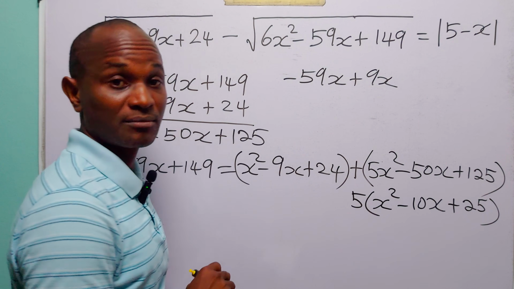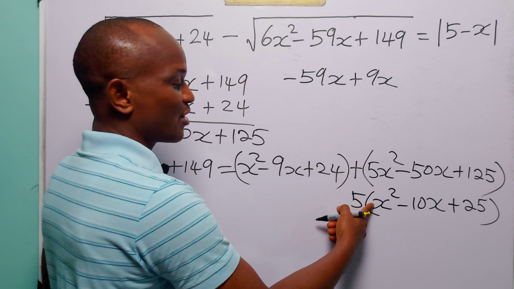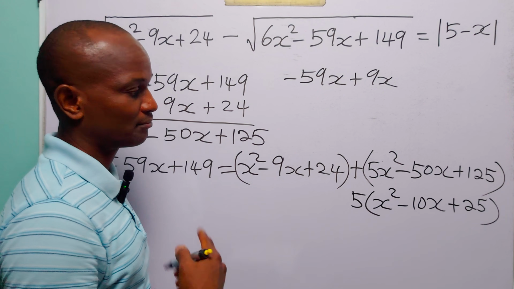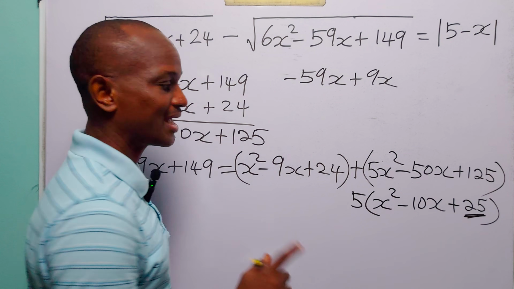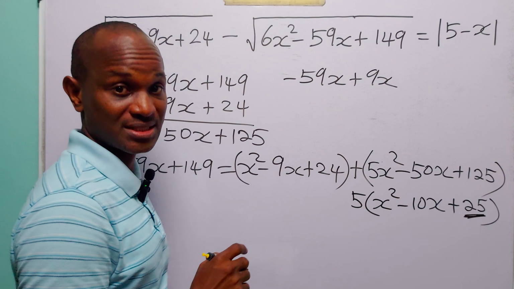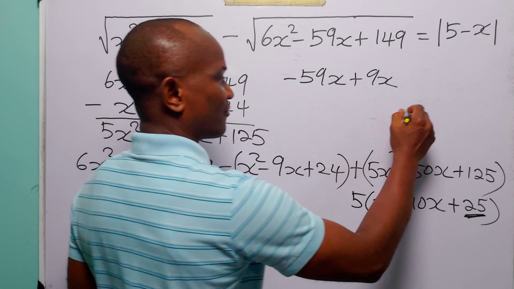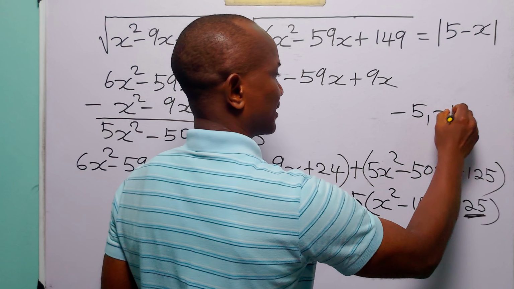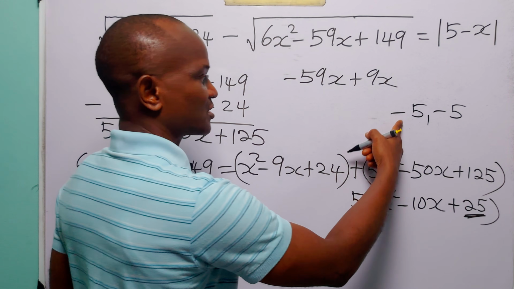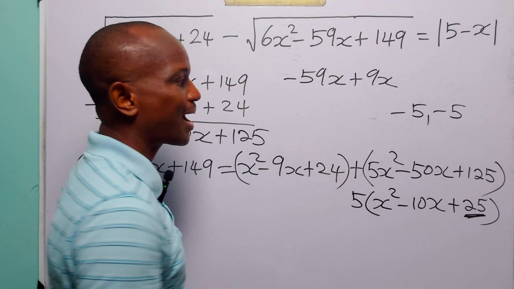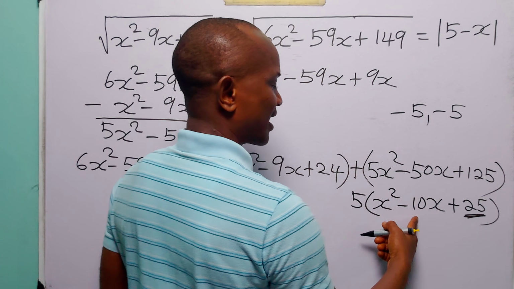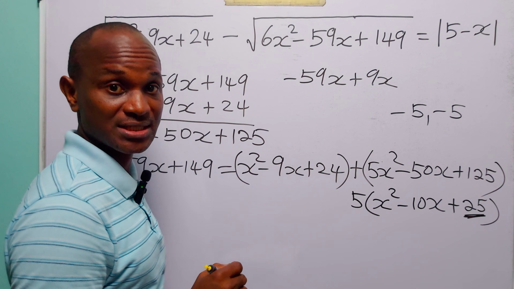Now we can further factorize this. Since the coefficient of x squared is 1, all we need to do is to find the factors of 25 that add up to minus 10. And of course, we have minus 5 and minus 5, because minus 5 times minus 5 is going to give us plus 25, while minus 5 plus minus 5 is going to give us minus 10.